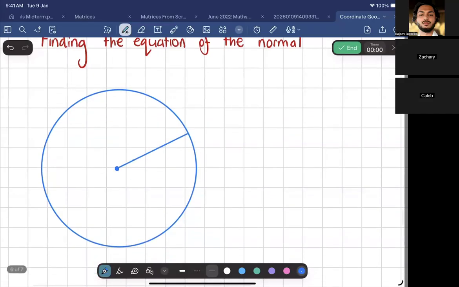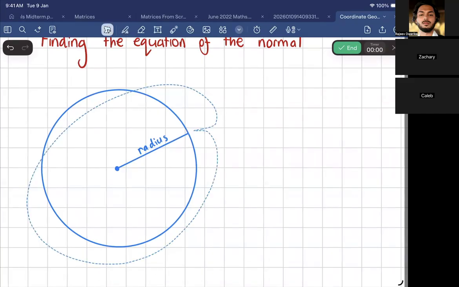That's the radius. Does everybody know that this is a radius? Yes. Okay, what if I told you that the normal for a circle is the same thing as the radius? Yeah, that's literally it. The normal of a circle is essentially the radius. Let me show you what I mean.